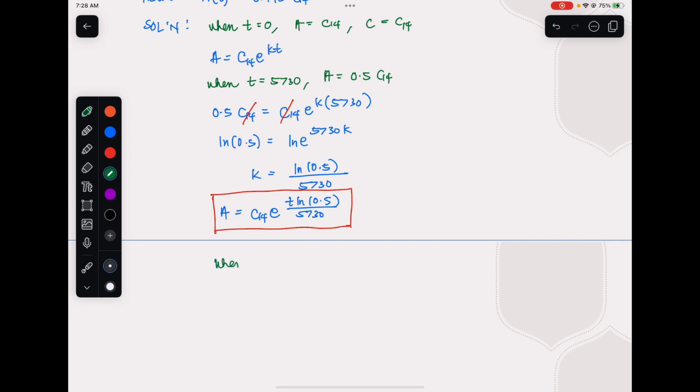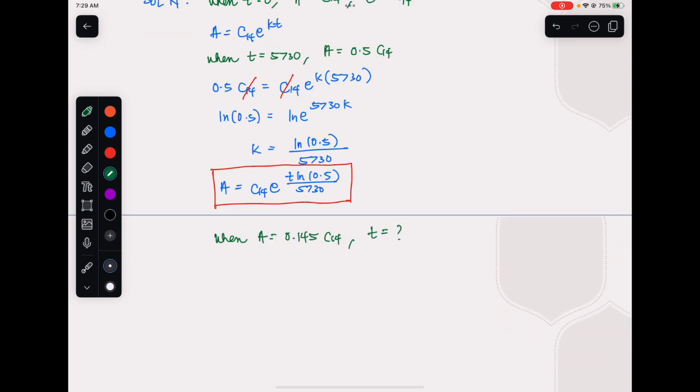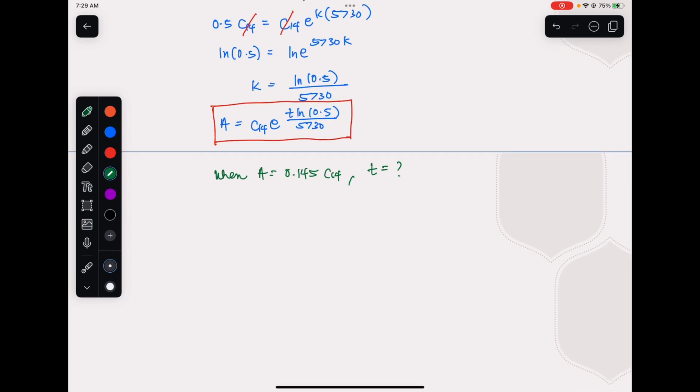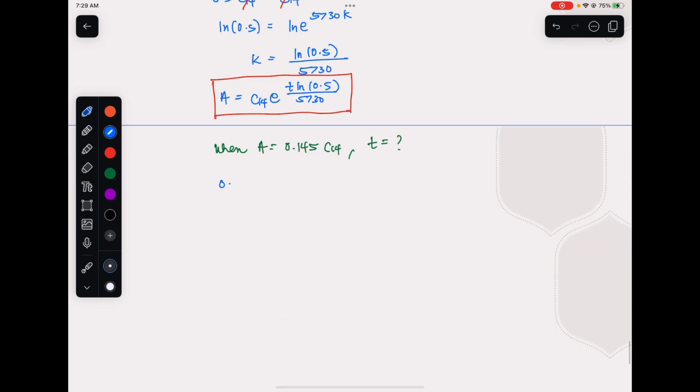So finally, when A is 0.145 of C14, what will be that time? This is the approximate age of those paintings. So A is 0.145 of C14, which equals C14 e raised to t ln of 0.5 divided by 5,730. So this would be cancelled out.